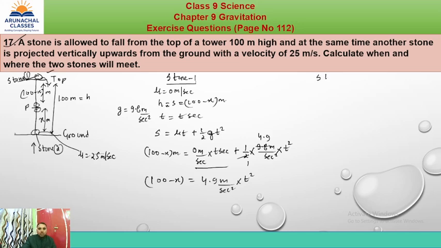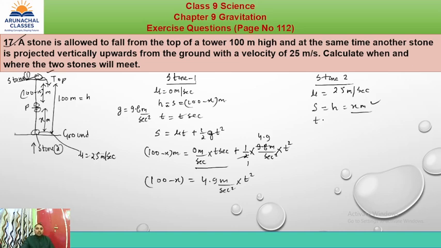Now let us go for case 2, that is stone 2. Stone 2 is thrown vertically upward, so its initial velocity is 25 meter per second. It reaches a height x meter, that we have considered.